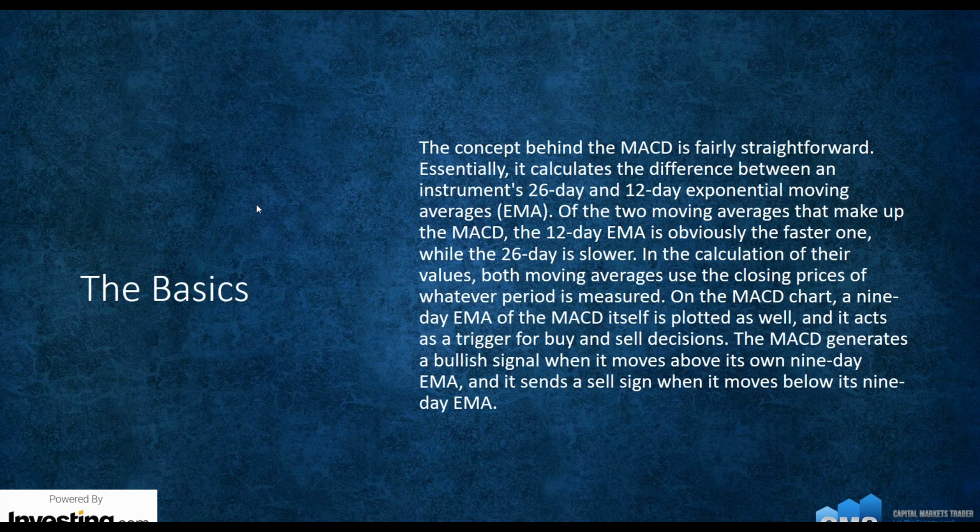The MACD generates a bullish signal when it crosses over above its own 9-day EMA and sends a sell signal when it crosses below its 9-day EMA. Now, what is this 9-day EMA we're talking about? So we got to figure that out now.